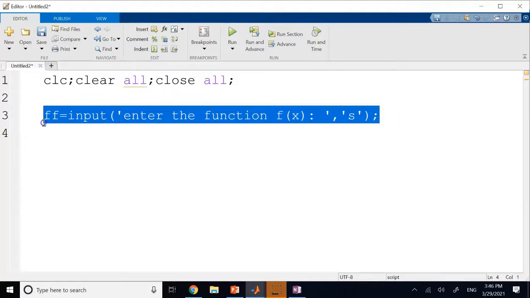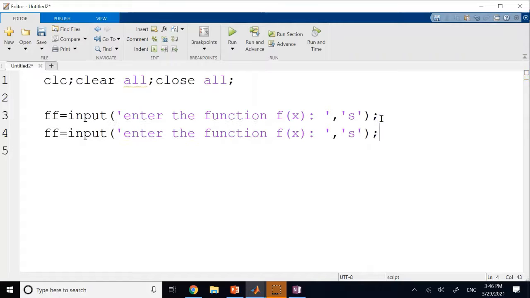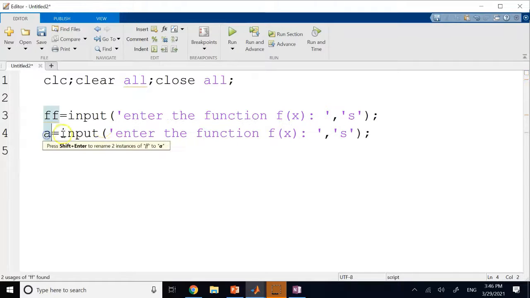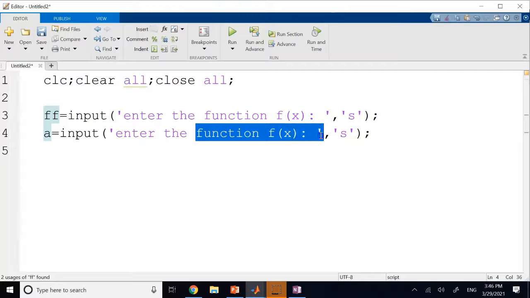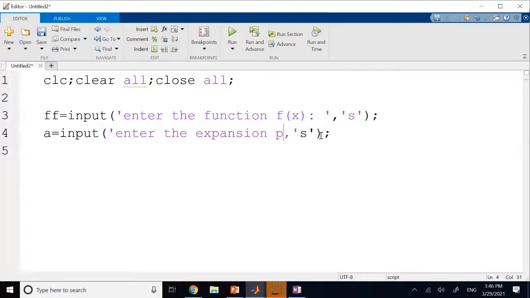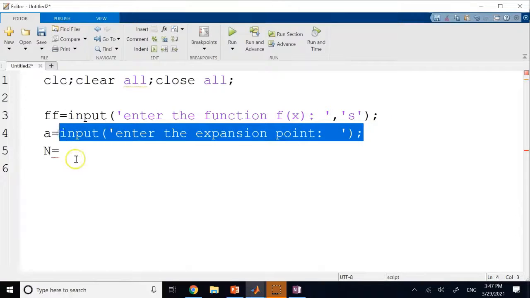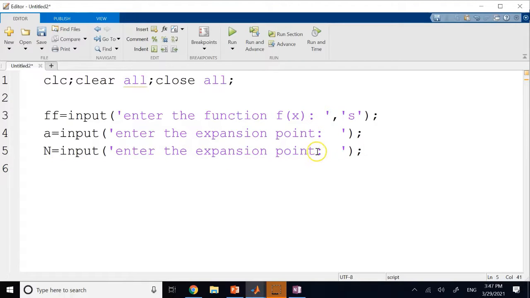And then you also ask them A, enter the expansion point. So this is your A, correct? And then you have N is equal to input, enter the order of the Taylor series, right?